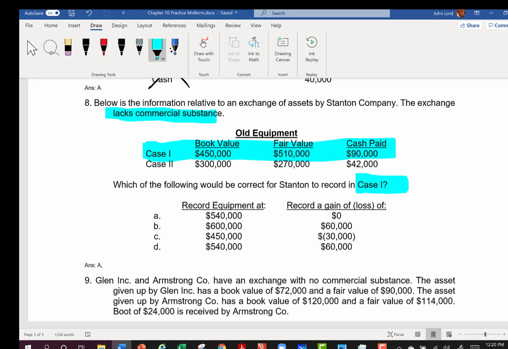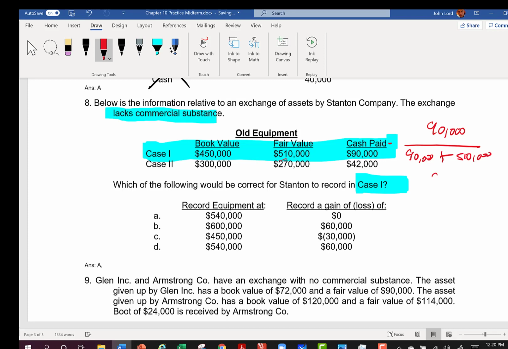So they tell me that cash was paid. I need to do a quick calculation to see how much that cash constitutes of the total consideration. They paid $90,000 cash, which I have in the numerator. In the denominator, I have that $90,000 cash plus the fair value of the equipment that was given up, which is $510,000.